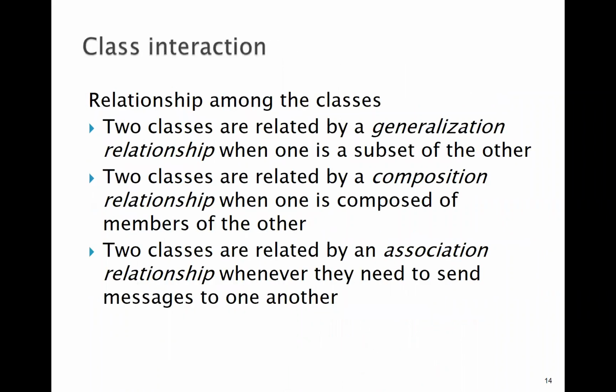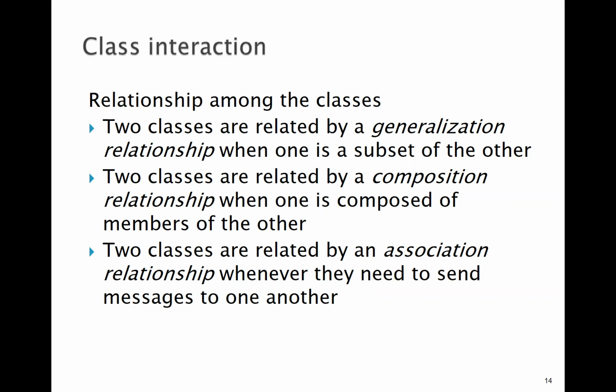So we have interaction between the classes. In the diagram, we'll see that these interactions might be different. If one class is a subset of another class, then there is a generalization relationship between the classes.